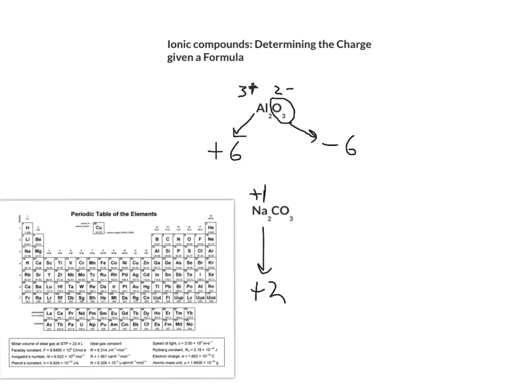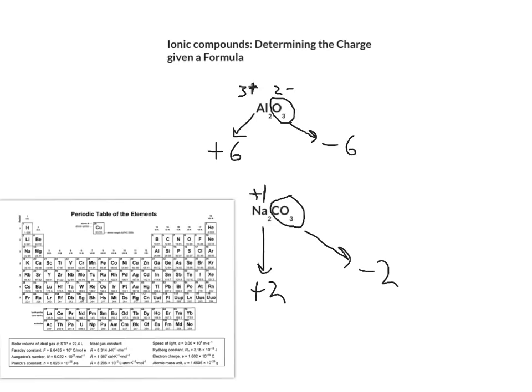And what you should recognize is that CO3 is a polyatomic ion. It's one of the polyatomic ions that you have to memorize. The overall charge of CO3 has to be equal and opposite for the ionic compound to be neutral. So the whole charge of carbonate is minus 2.